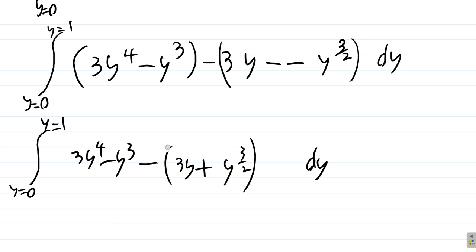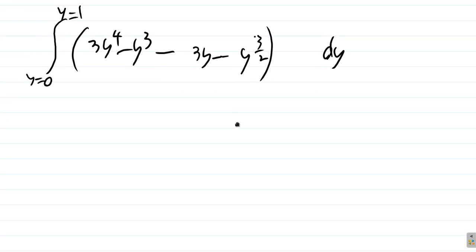When you open the bracket, it's going to remain negative, and this plus y to the 3 over 2 is going to be negative. Alright? So what we have is 3y to the fourth minus y cubed minus 3y minus y to the 3 over 2.